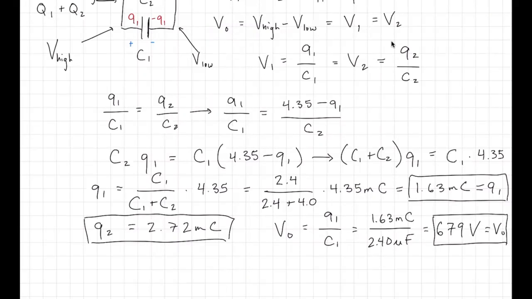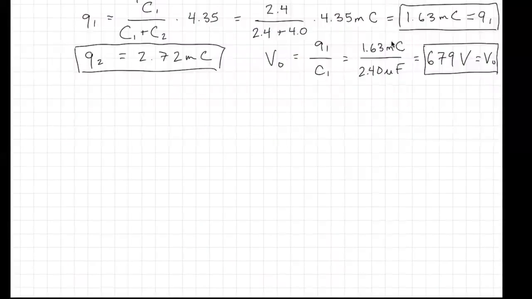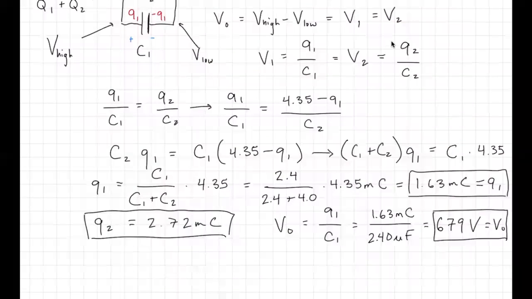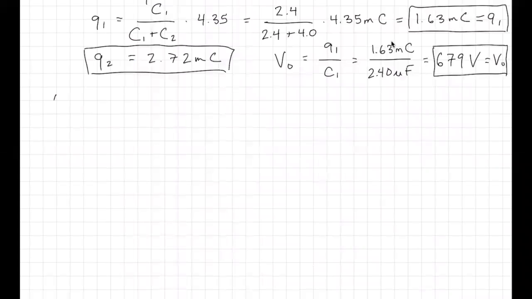Okay, so part B. So in part B, you take the positive plate of one capacitor and connect it to the negative plate of the other capacitor. So that would be like if I take C1, so in B, I'm taking C1, and let's say I have the positive plate.